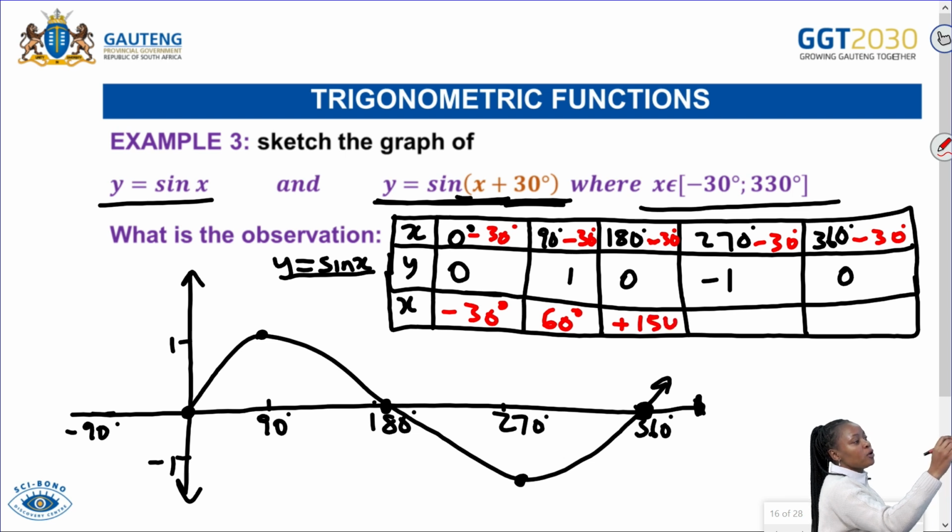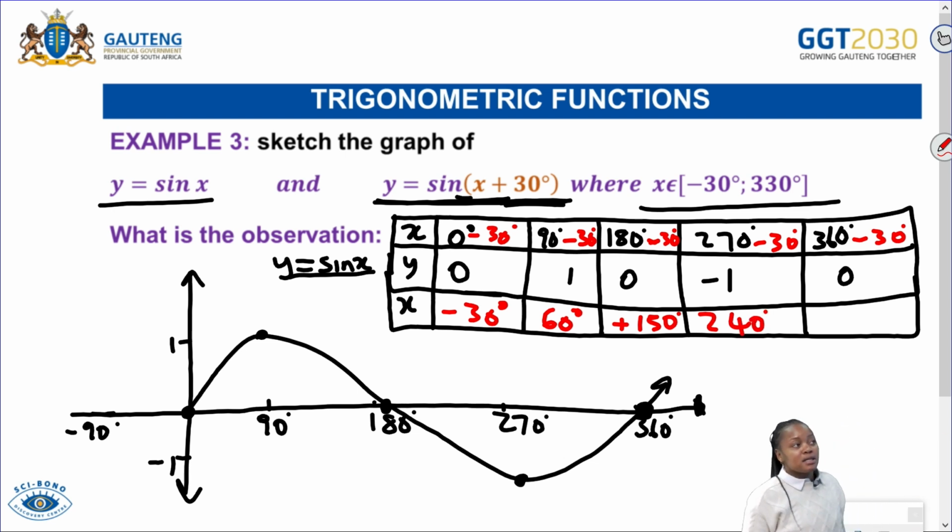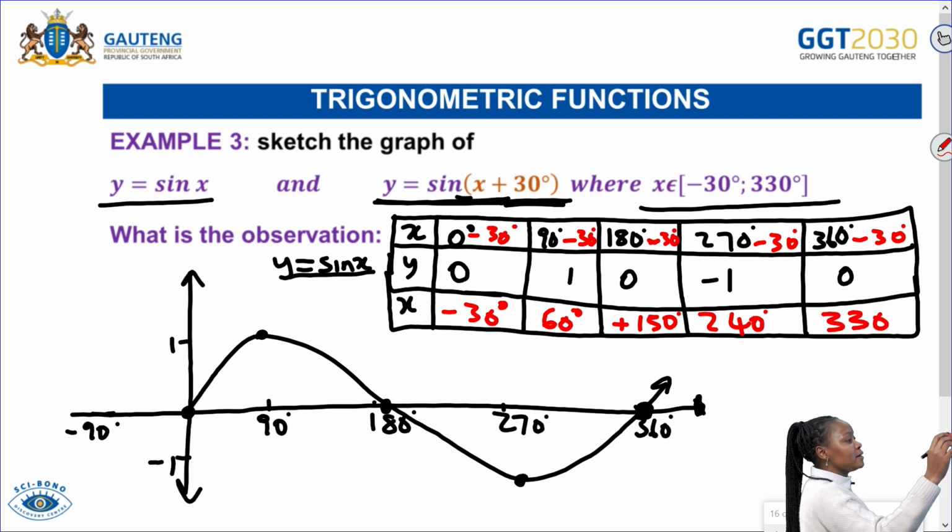And at 270 degrees, it's going to be 240. At 360, it's going to be 330 degrees.